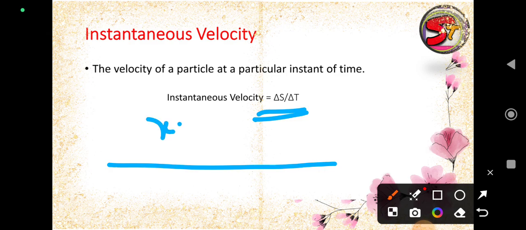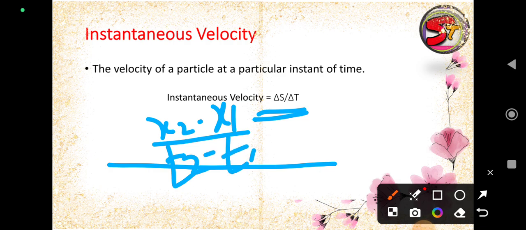Also we can say (x2 minus x1) by (t2 minus t1), right? This is also one of the formulas of instantaneous velocity only. x2 minus x1 means what? At that particular last interval, final displacement minus initial displacement divided by final time minus initial time, like this. Then also we will get the instantaneous velocity.